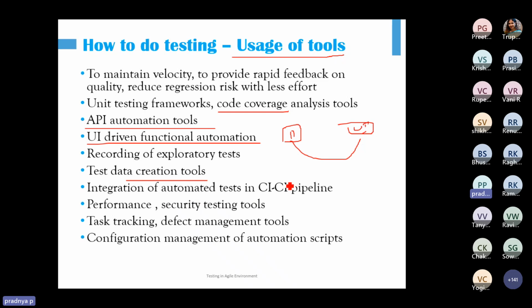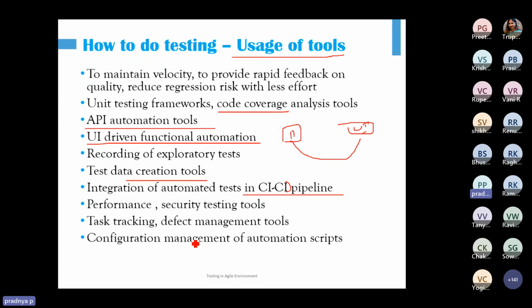CI/CD pipeline, continuous integration, continuous deployment, is typically achieved through tools like Jenkins and others. How we can integrate our test cases into that tool, how we can link our test cases to the build verification: for that, again, we will need to use tools.